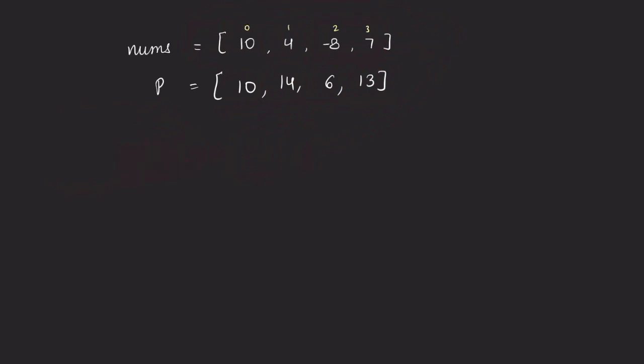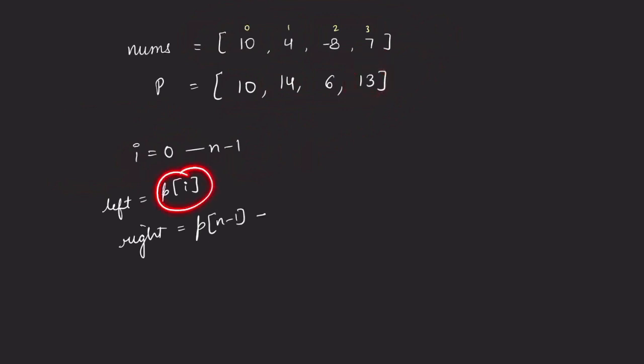When you run a for loop of i from 0 till n minus 1, the sum of the left array will be whatever is present at the ith index in the prefix sum array. This will be the left sum. For the right sum, you take the last value and subtract this value, 14, so P of i. This will give you the right sum. With these variables, you can check whether the condition is satisfied or not.